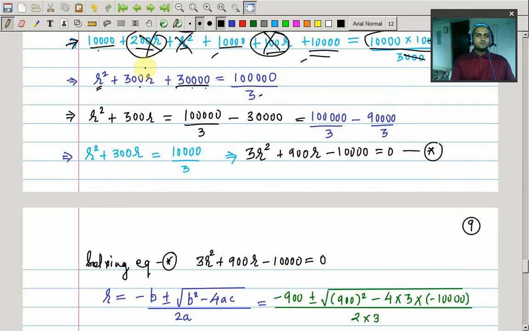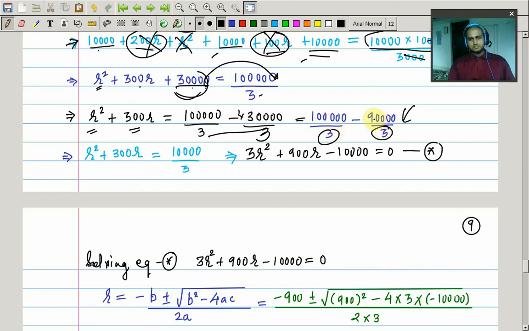Now I want to simplify this. R square as it is, 300R as it is, and this 30,000 is going to that side. Take the LCM, 3 upon 3, so it becomes 90,000 upon 3. So the LCM is the same now. 1 lakh minus 90,000 is 10,000 upon 3.